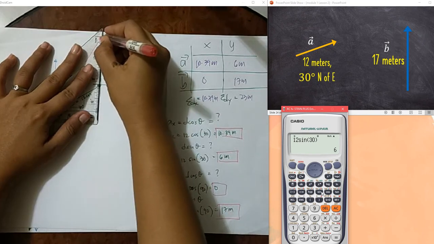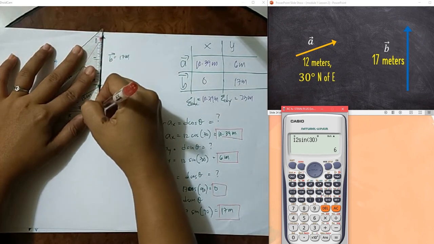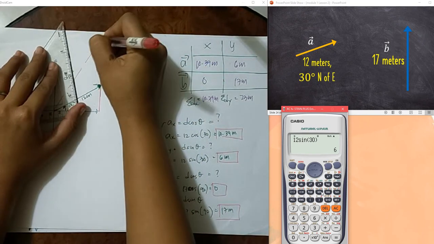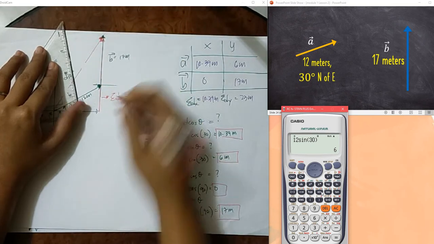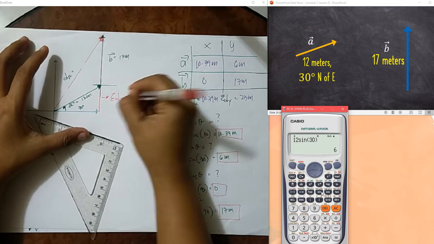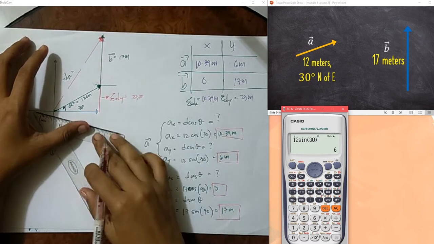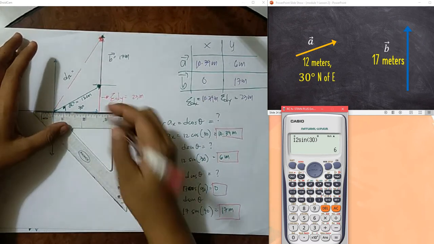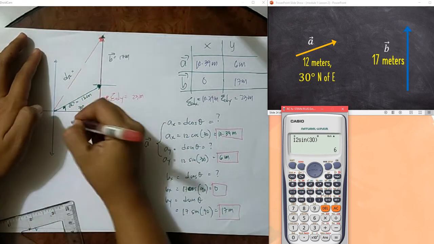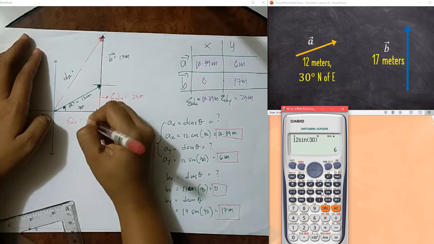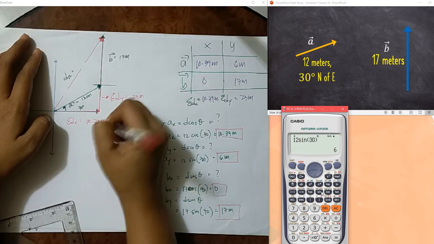So it's just right here. This is for our summation of d sub y, and that is 23 meters. And for the x, it's right here. So summation of d sub x, that's 10.39 meters.